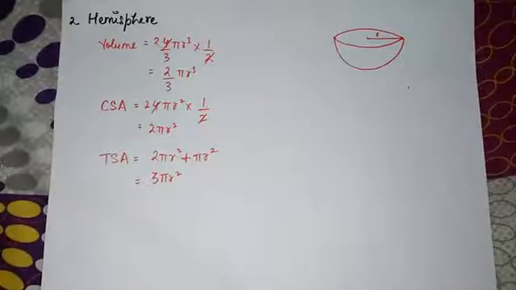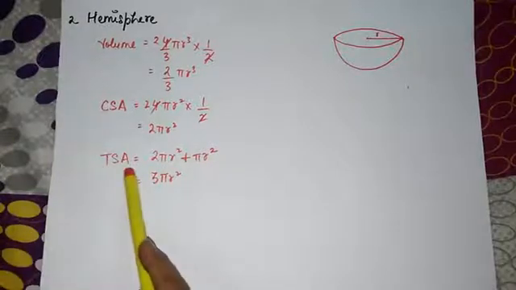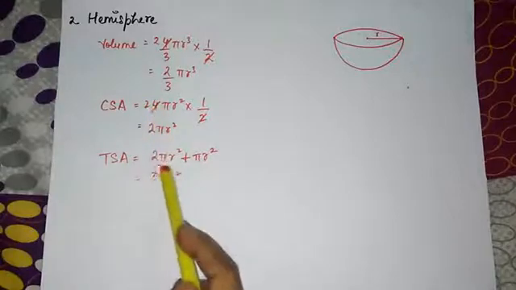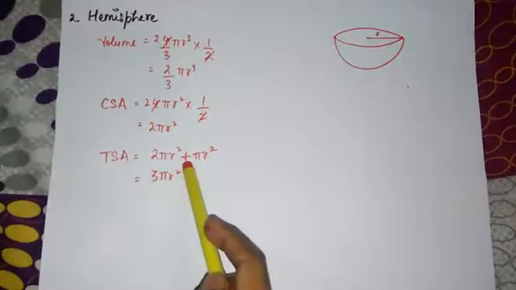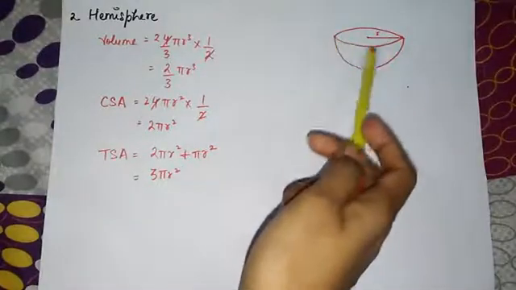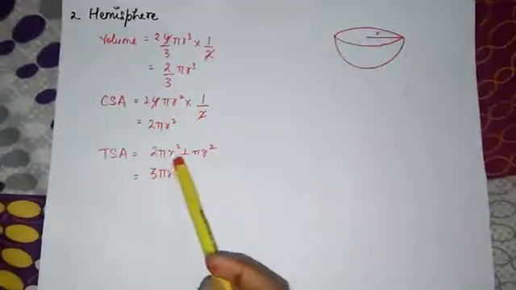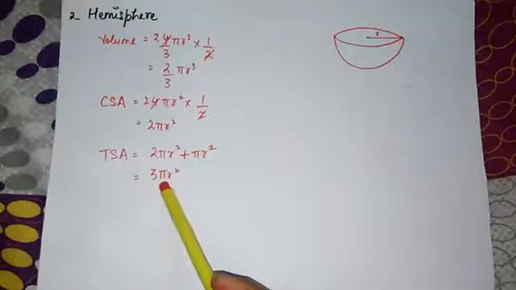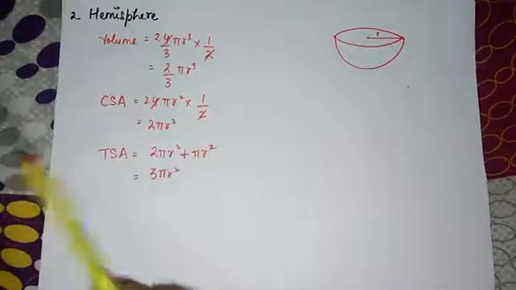So the total surface area of a hemisphere is its curved surface area plus the area of its top. So the total surface area is curved surface area, that is 2 pi r square, plus the area of top, that is pi r square, which is a circle, that's why it's area of circle, pi r square. It becomes 3 pi r square. This is the total surface area of a hemisphere.